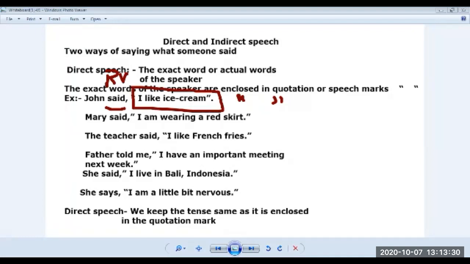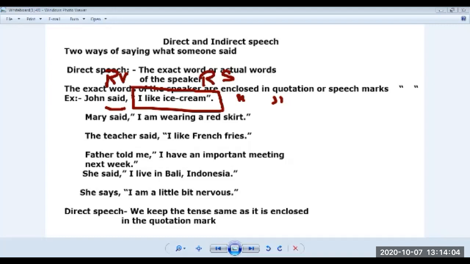That means the speech that is being said, these are the actual words of John. This is the reported speech. The words that are put inside the speech marks or quotation marks are the reported speech, and the word that you see outside is the reported verb.